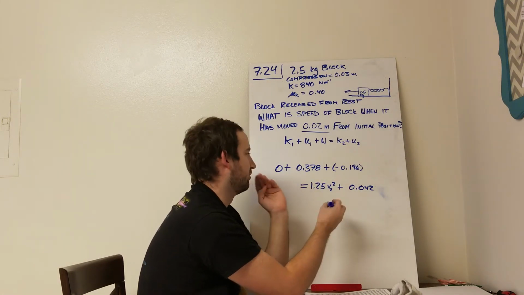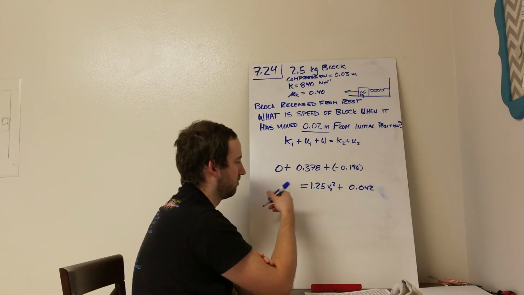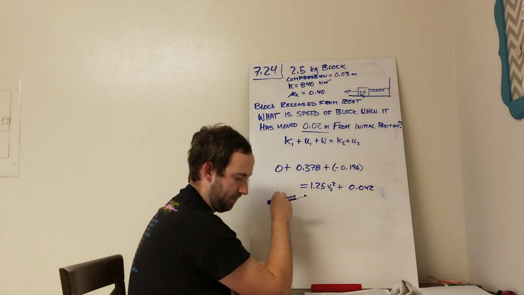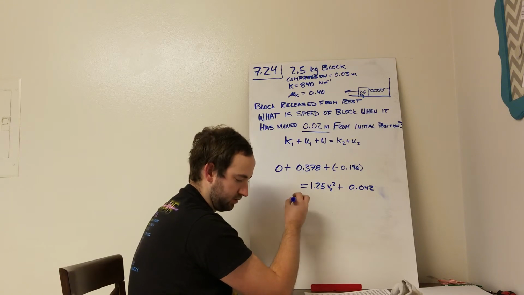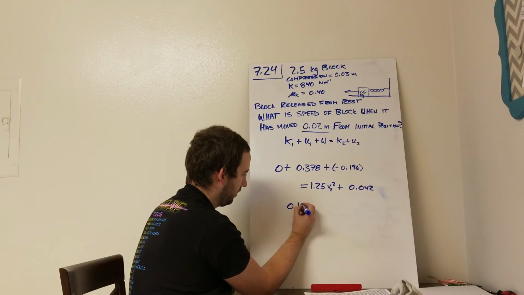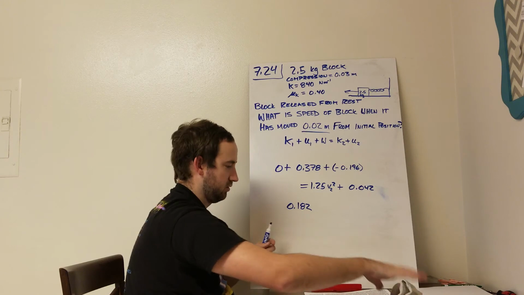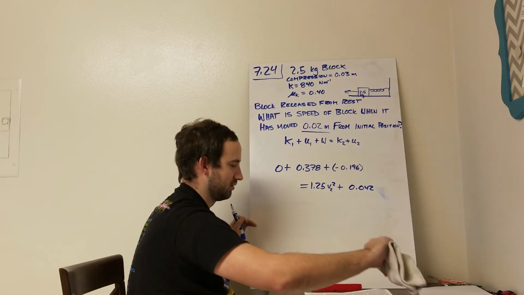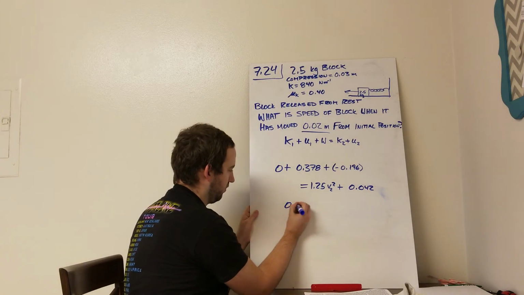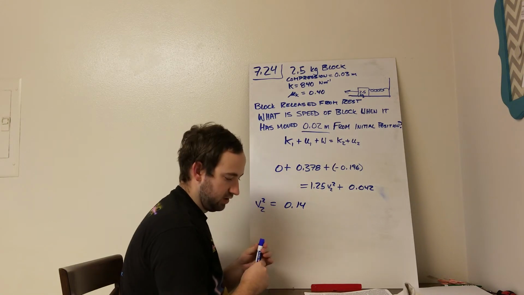So now what we need to do is just solve for that final velocity, or v2, as I've written it here. So now it's just simple algebra. We'll move the 0.042 over, divide everything by 1.25, and then take the square root. So we end up getting 0.182. Actually, I'll kind of skip ahead. It's all just addition, subtraction, algebra stuff. It equals 0.14 is 1.25 v2 squared.